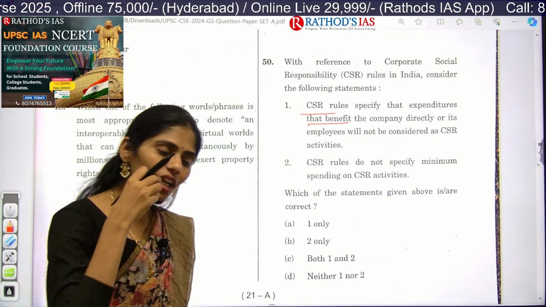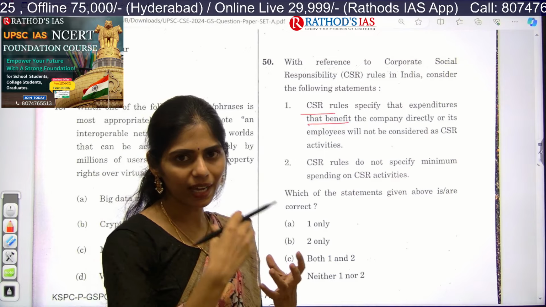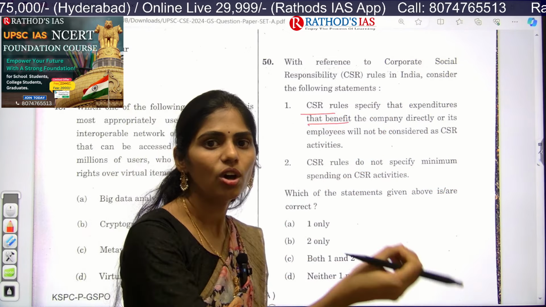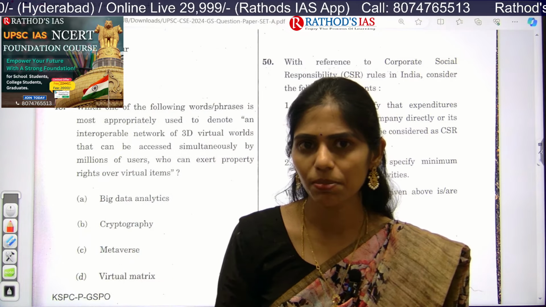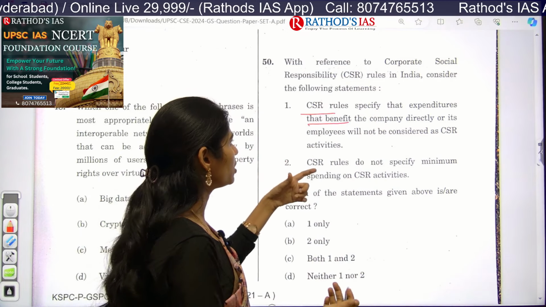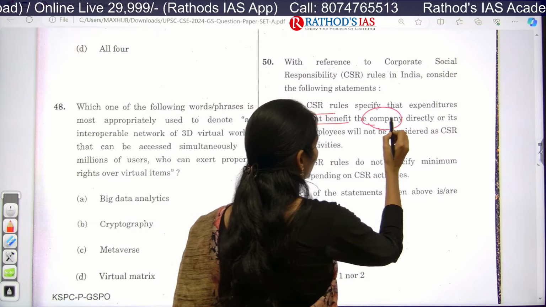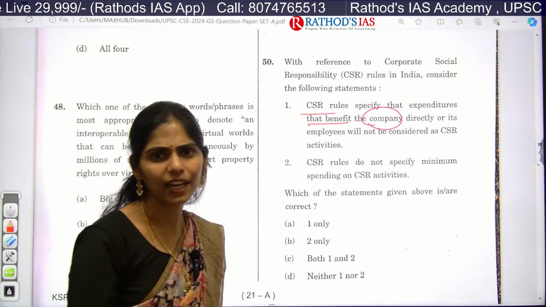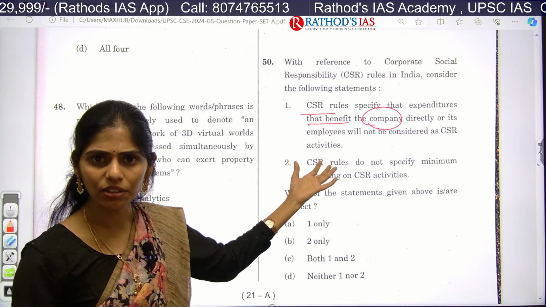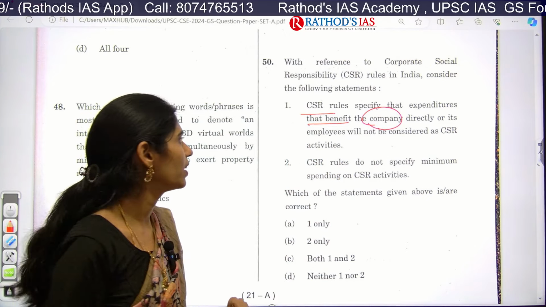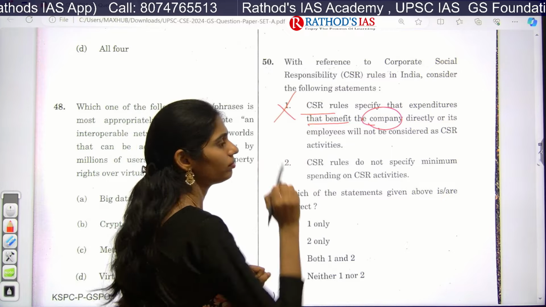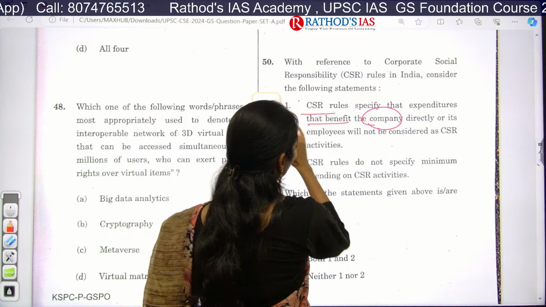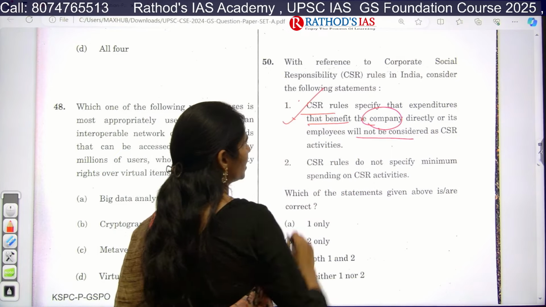Yes, whatever profit you are getting, from that profit you have to spend on something, for example the education sector, the health sector, or sanitation. So if you are spending on your own company or for employees, how can it be considered as CSR activities? No, we can't, right? So actually we should not consider them. Yes, this is correct.